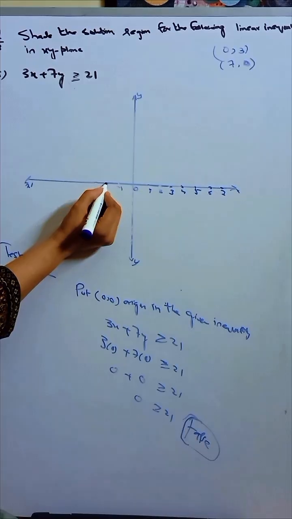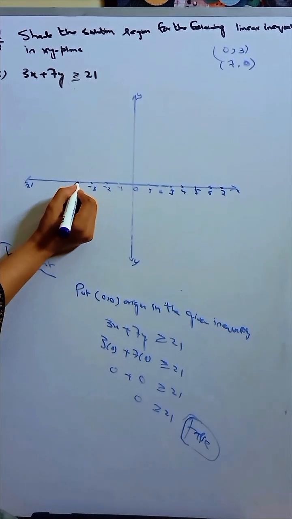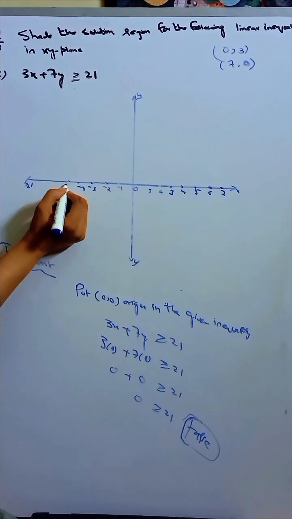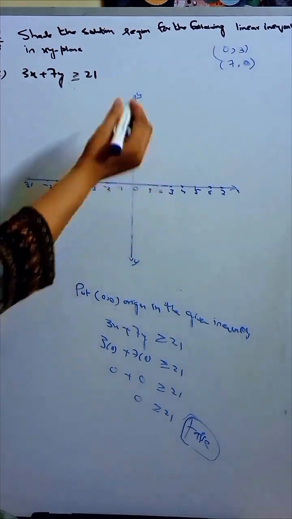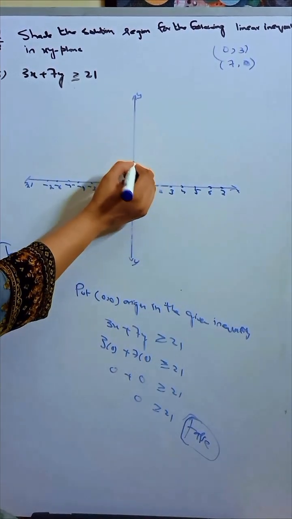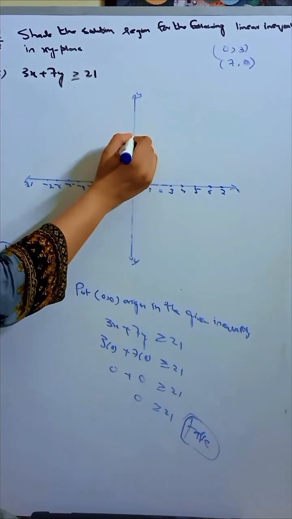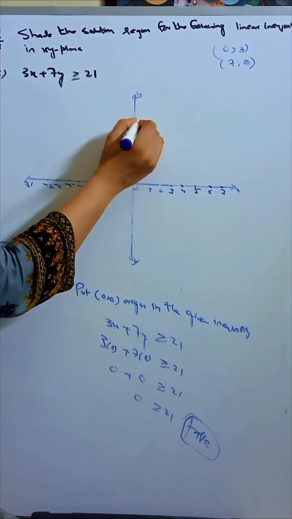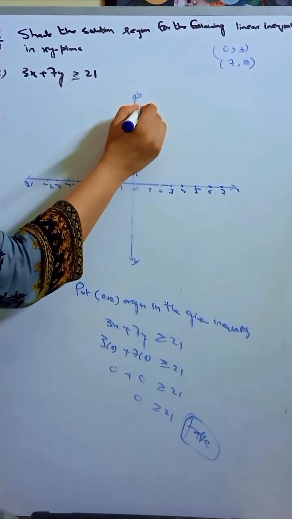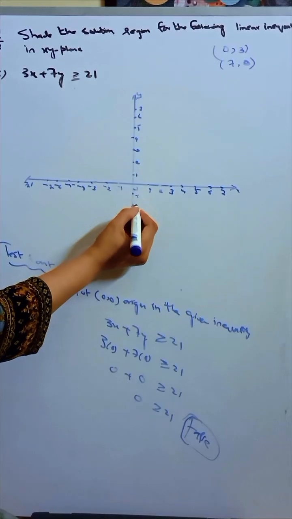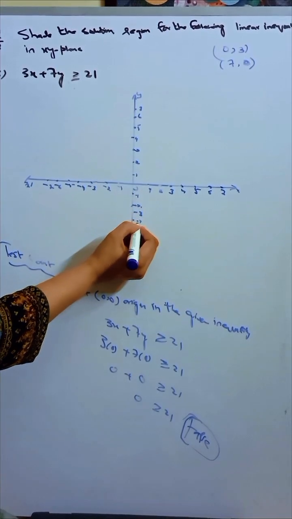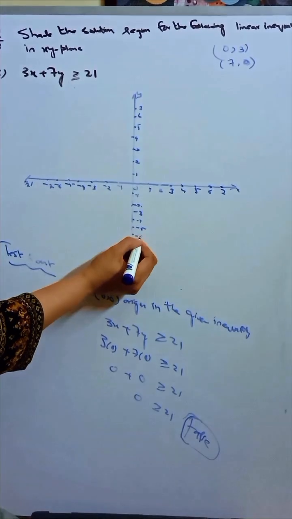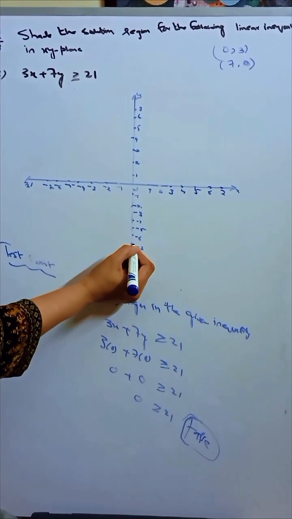Opposite: minus 1, minus 2, minus 3, minus 4, minus 5, minus 6, minus 7. Now up 1 to 7, and down minus 1 to minus 7.